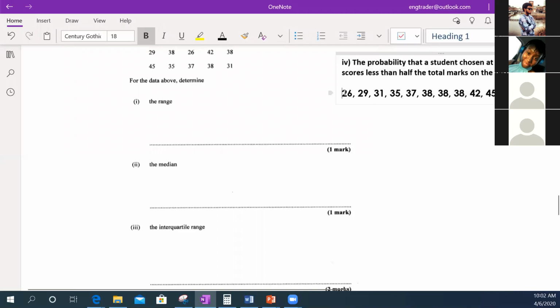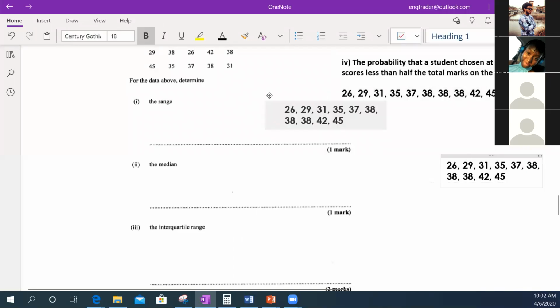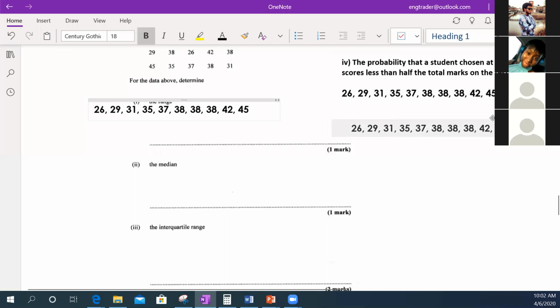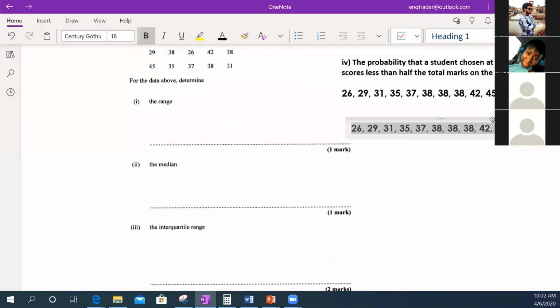We have to find the difference between the two of them in order to find the range. So the range is going to be 45 subtract 26, which gives us the answer of 19.